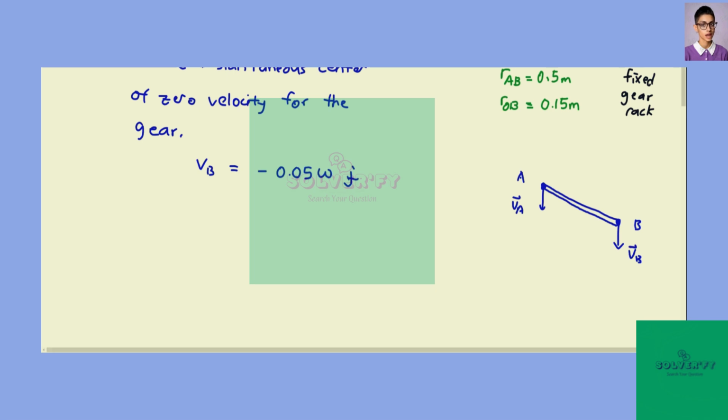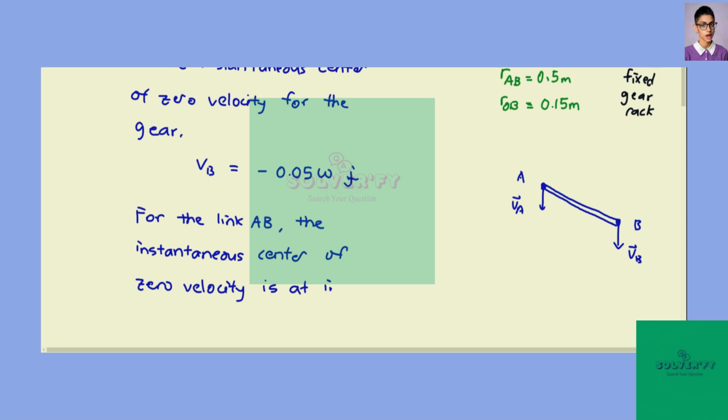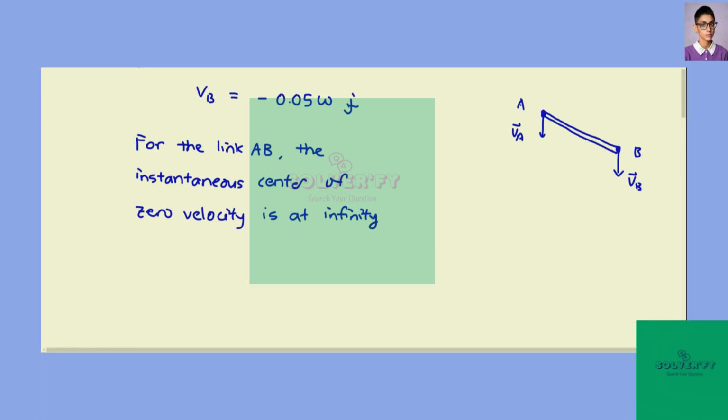That means for the link AB, the instantaneous center of 0 velocity is at infinity, because both VA and VB are parallel.